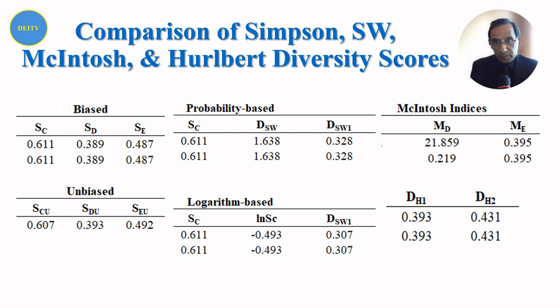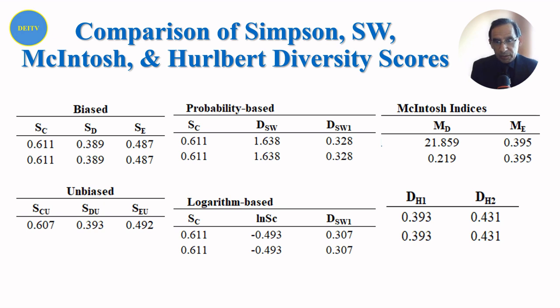The relative probability-based Hurlbert score is 0.431, and so the relative diversity score generated by the Hurlbert index is more in line with the unbiased Simpson diversity score of 0.492.